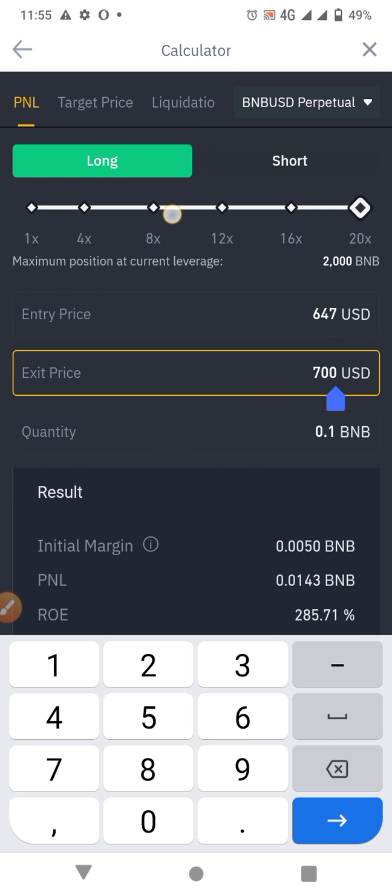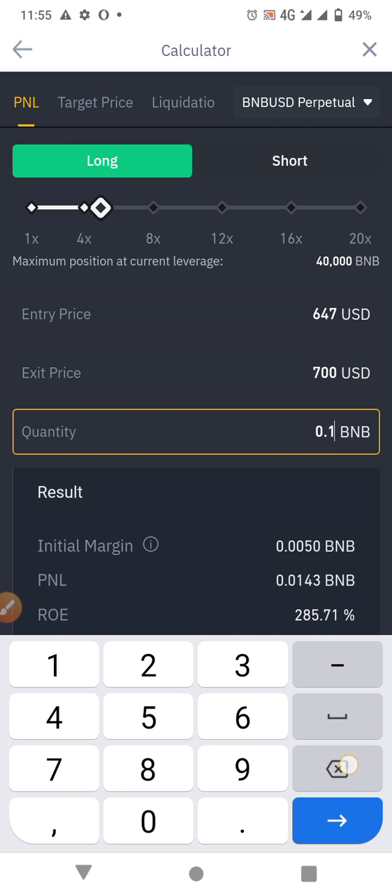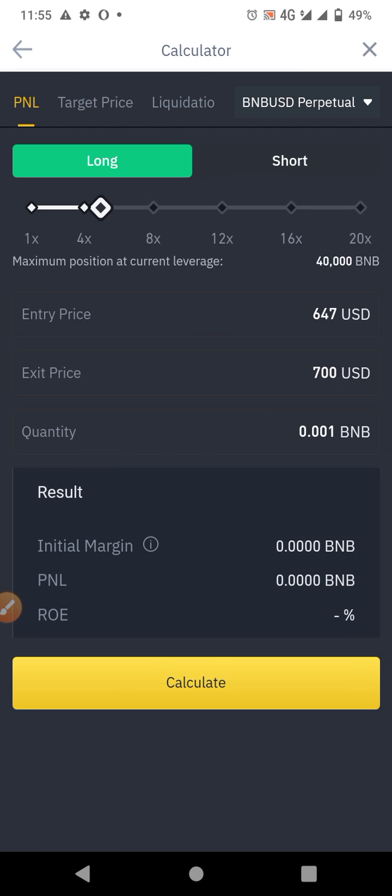So I buy long and I place my leverage on 5x. I invested, let's say, 0.001 BNB. I now calculate.